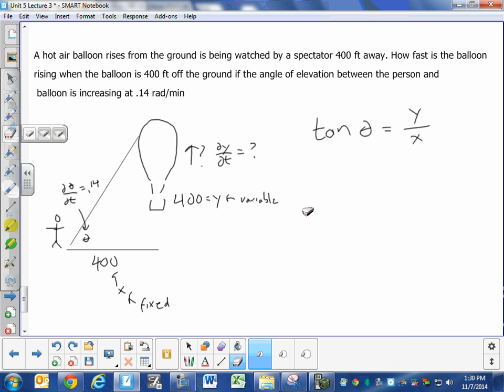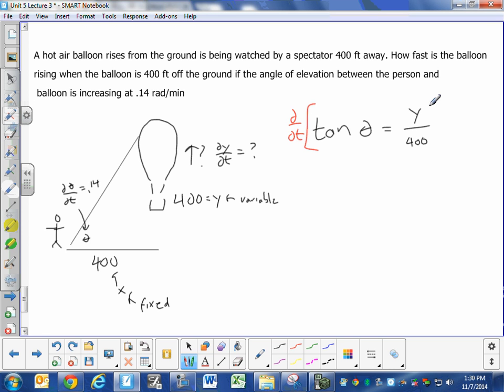I can plug in that 400, thankfully, to simplify my original equation so I don't have a derivative and have to use the quotient rule. I'm going to go ahead and take the derivative now after I simplified it, and I'll see what I get. I get secant squared theta d theta dt is equal to, I'm going to put the 1 over 400 over here, times dy dt. Good.